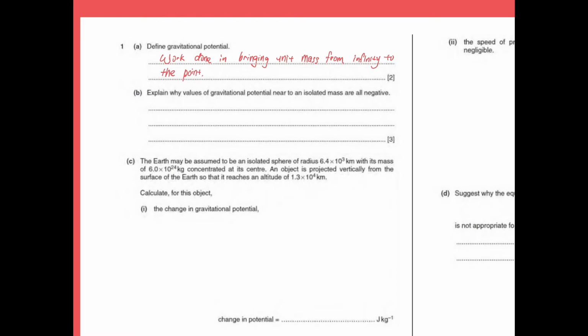Okay. Part B. Explain why values of gravitational potential near to an isolated mass are all negative. Okay, so that means why we have to put a negative sign in our formula.